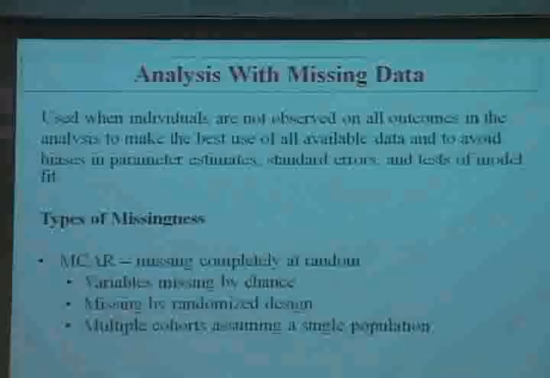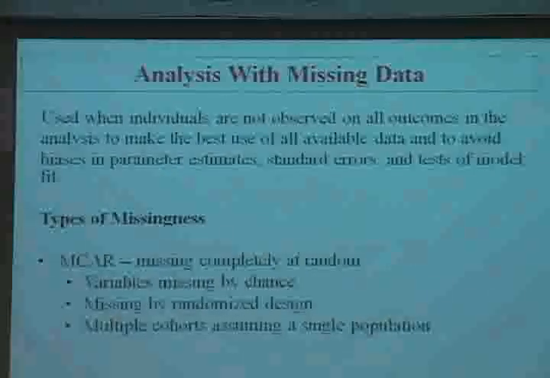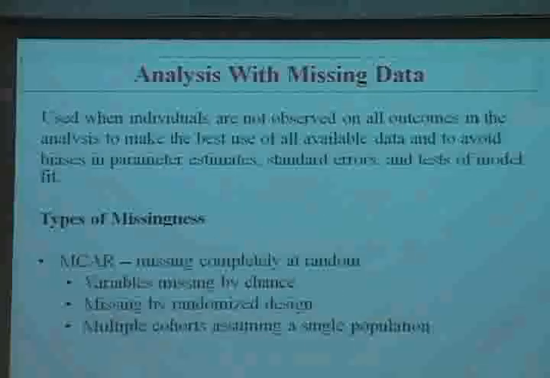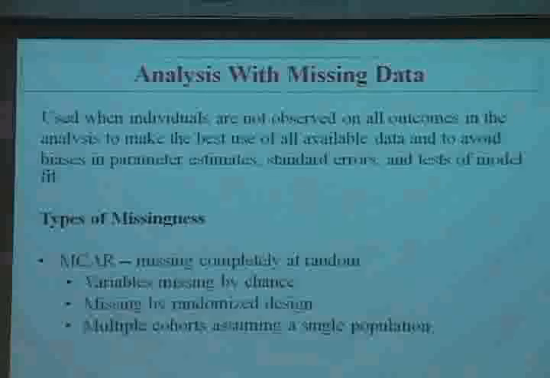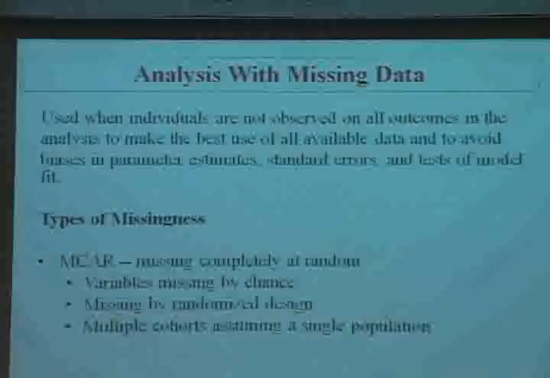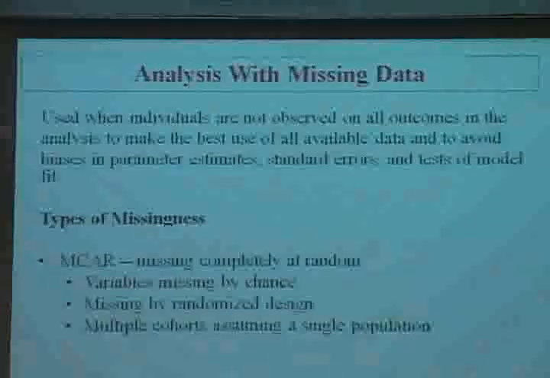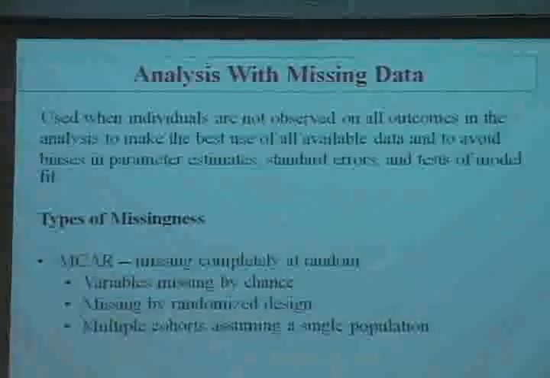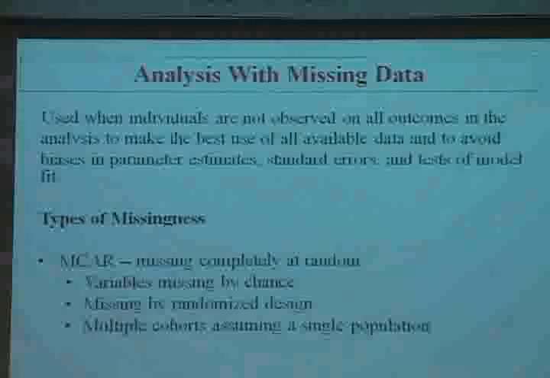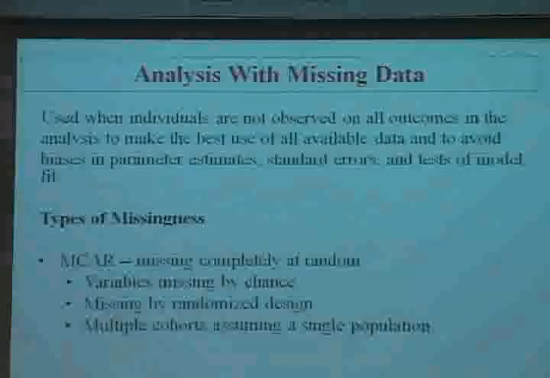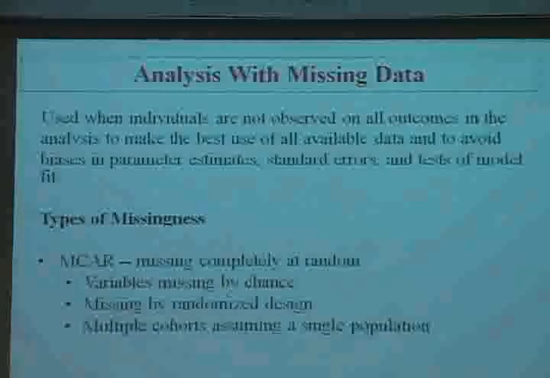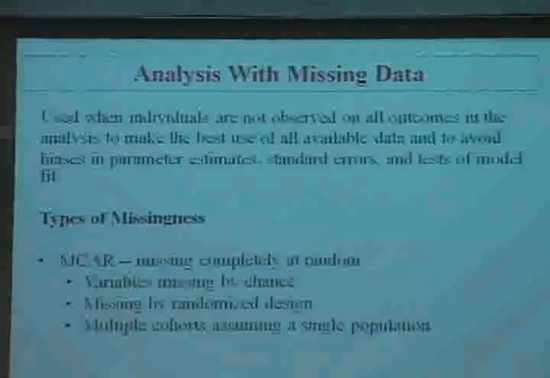The three types of missing data that we'll consider now. First, missing completely at random. This is the very simple missing data type where variables are simply missing by chance. The missing data comes out of a randomized design where you randomize the subjects into getting one test or another test.